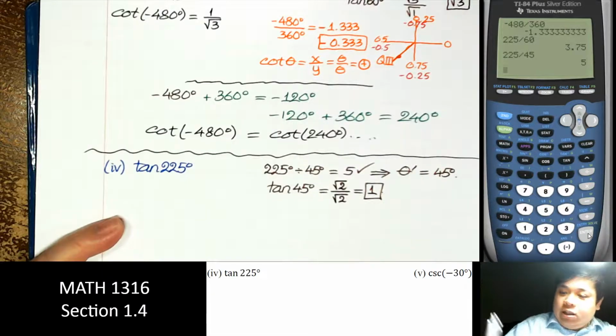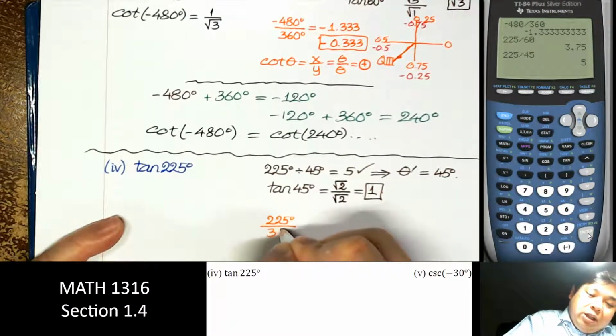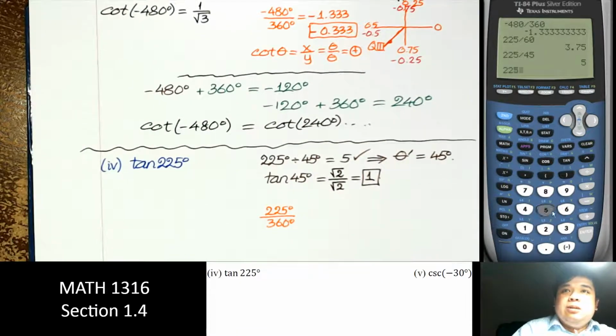Now the quadrant. 225 divided by 360 is 0.625.